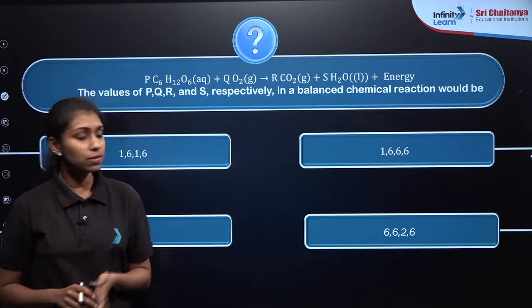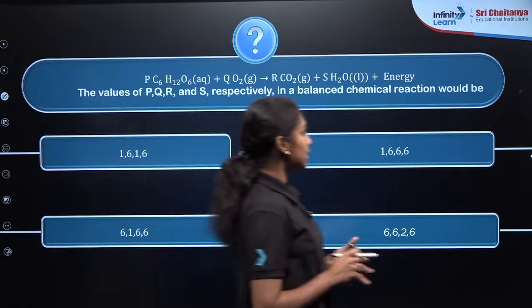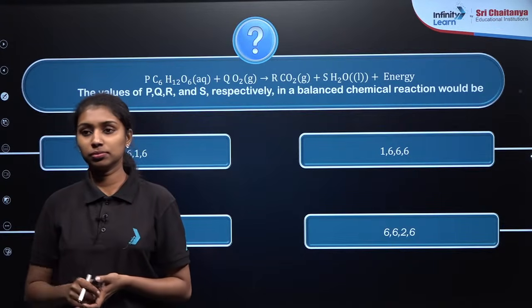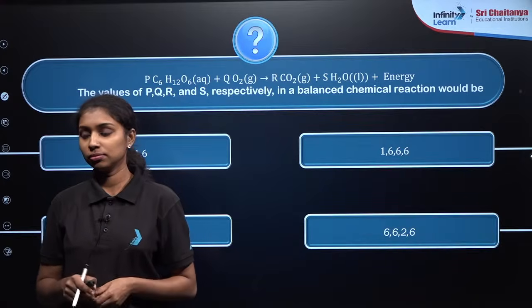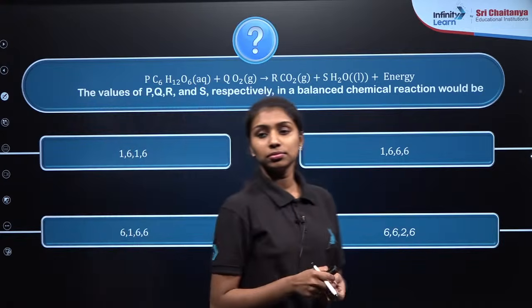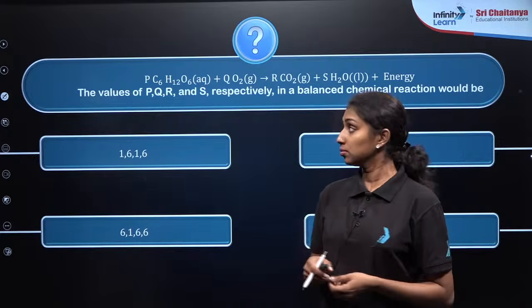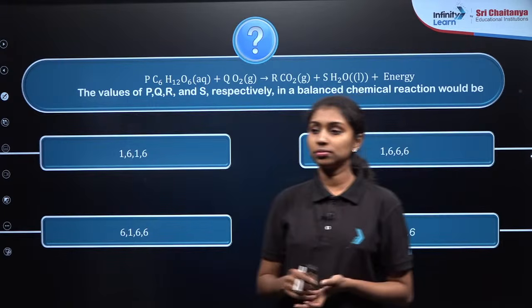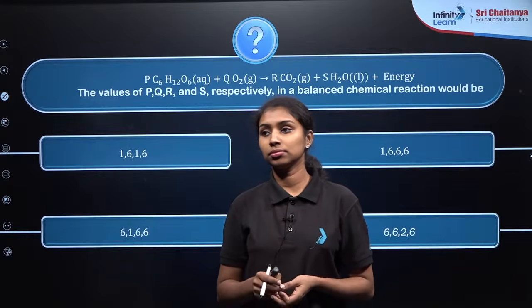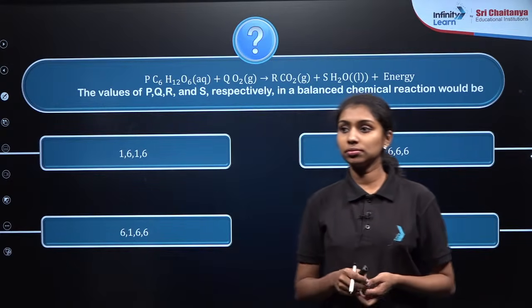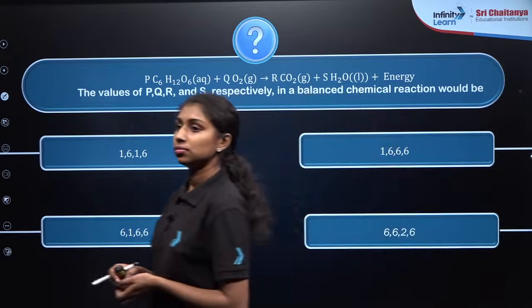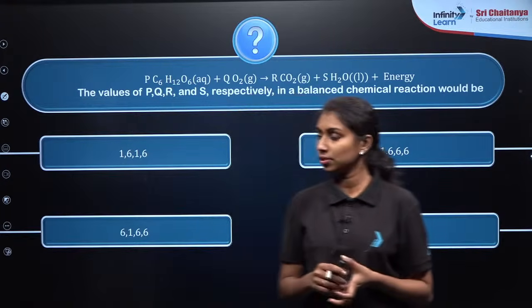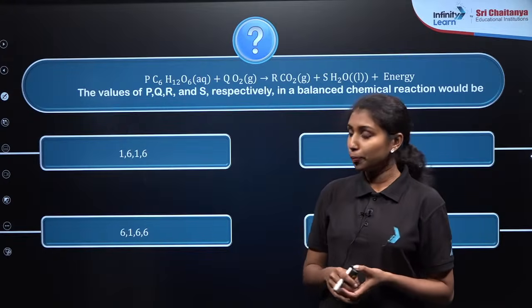We need to identify the values of P, Q, R and S in the balanced chemical equation. So what will be the value of P, Q and R here?